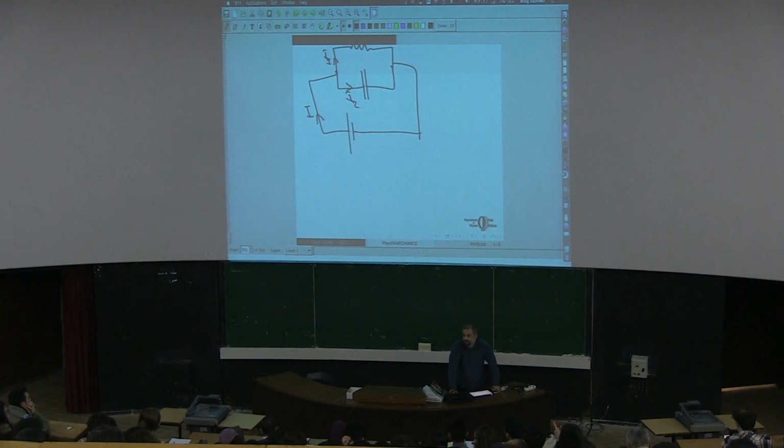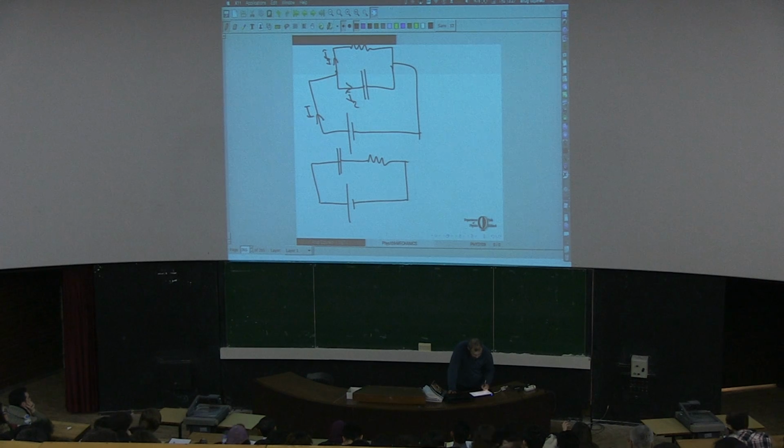So we say that they are in parallel. Now, if you have the same battery, a capacitor here and a resistor here, this current I just goes across the capacitor and also across the resistor. So they are connected in series.